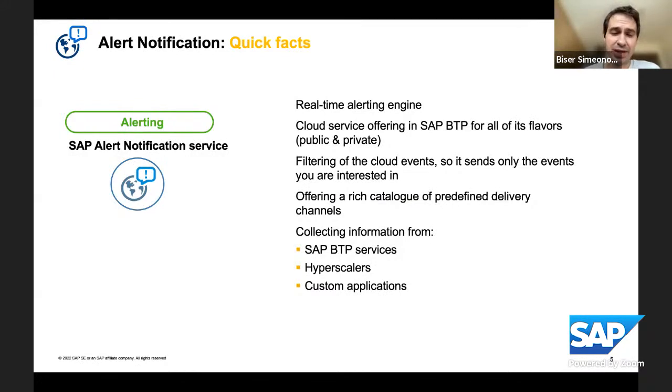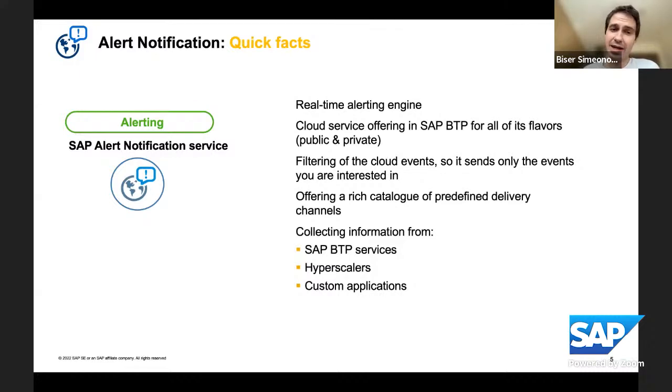Furthermore, our service offers a catalog of predefined delivery channels, such as the most trivial one, email, but on top of it we have Teams. We have different service ticketing systems. We're going to see them in a second. And of course, we can work with different tools to automate the whole process.